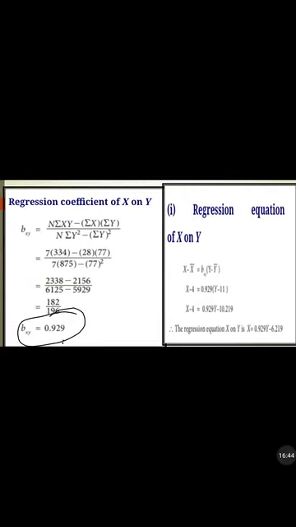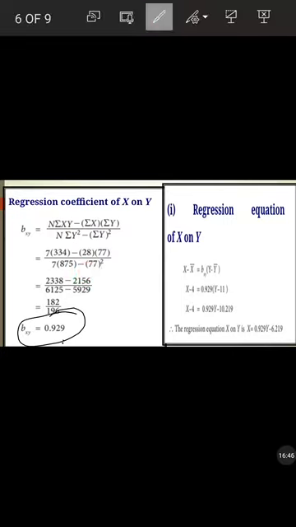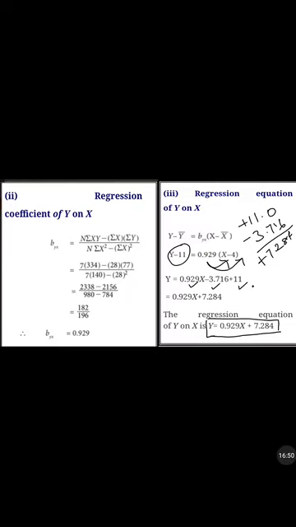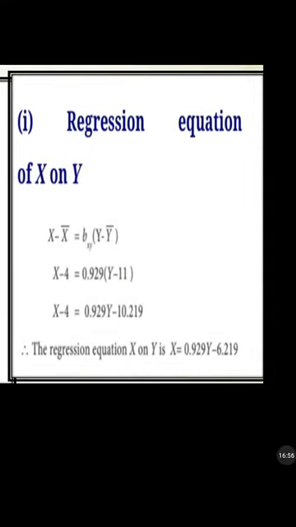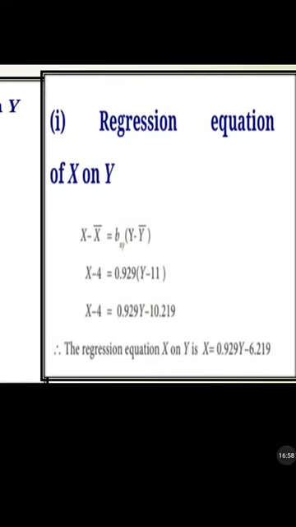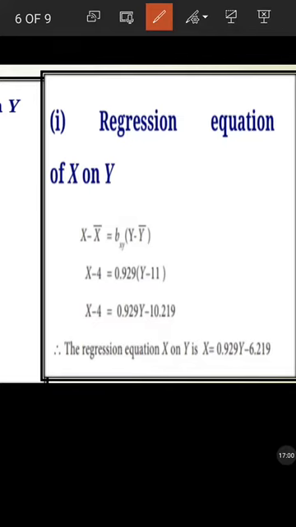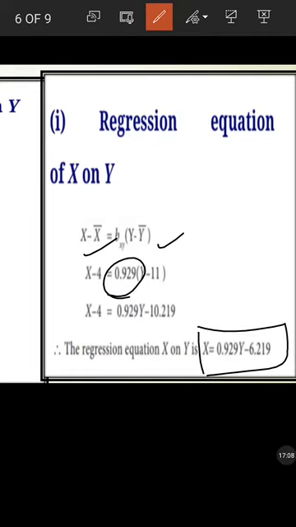This is the regression coefficient. Now we have to move on with the regression equation of x on y. We take this 0.929 here, then take the x bar and y bar values and substitute. The final answer is x is equal to 0.929 y minus 6.219.